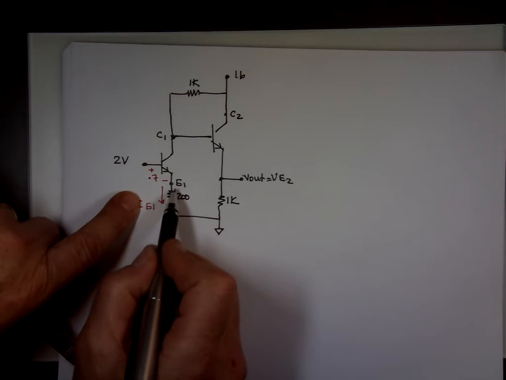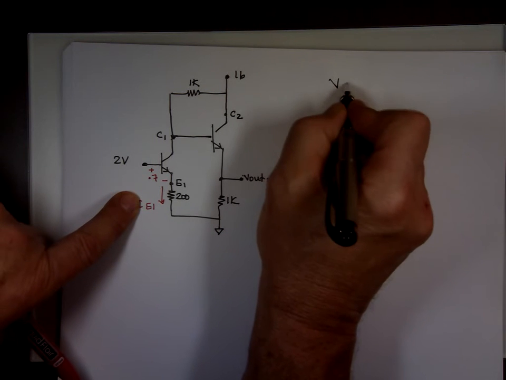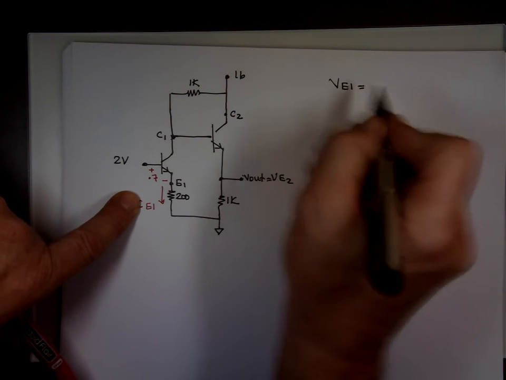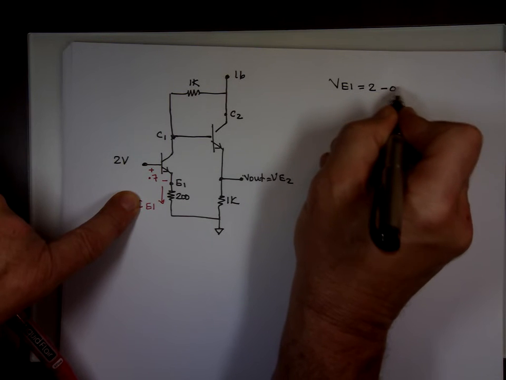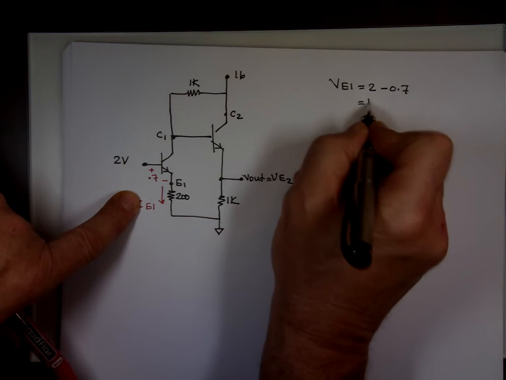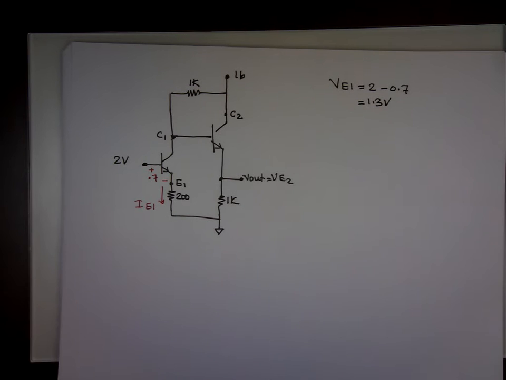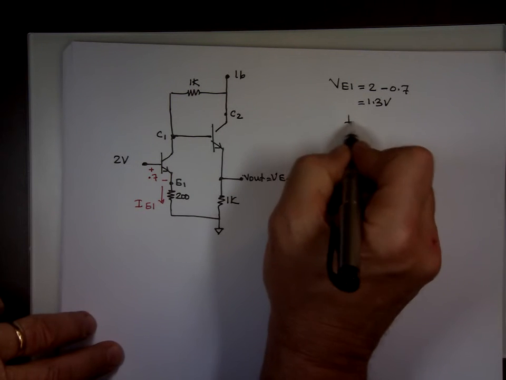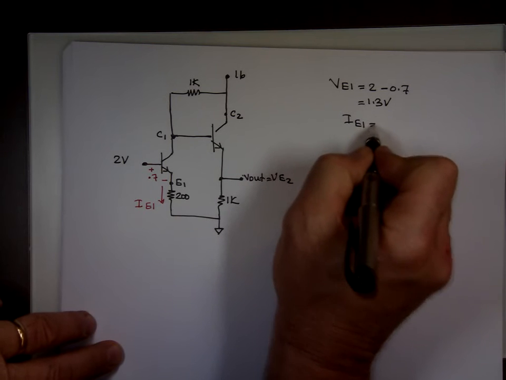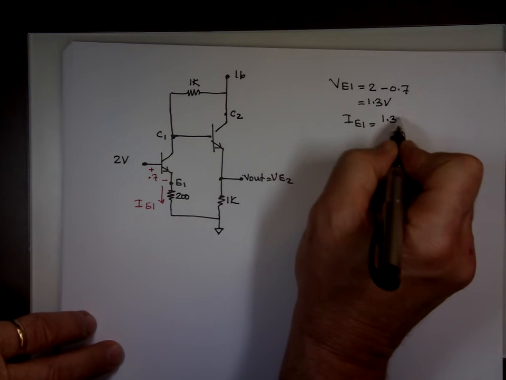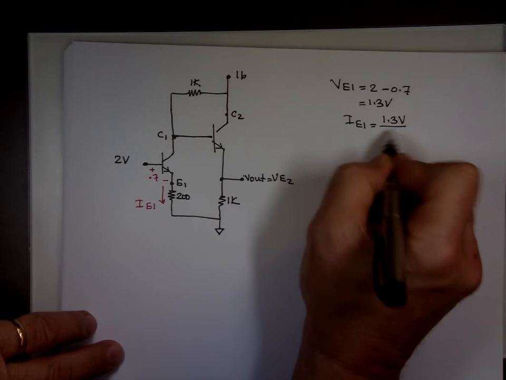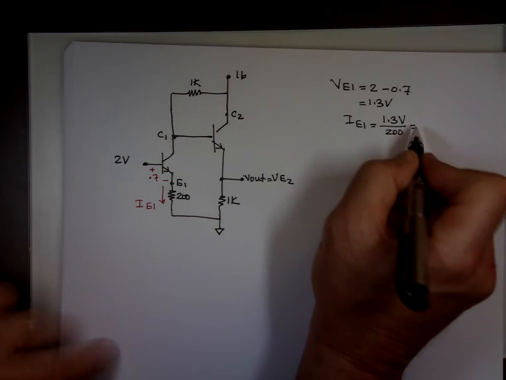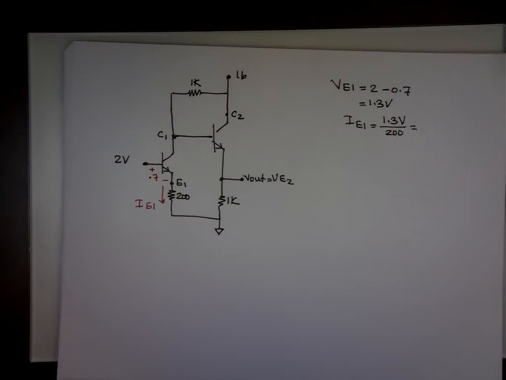The voltage at E1 is going to be 2 minus 0.7, which is what? 1.3 volts. The current through this one, the emitter 1, is going to be 1.3 volts minus nothing, which is 0, divided by the 200 ohm. That's 6.5 milliamp.